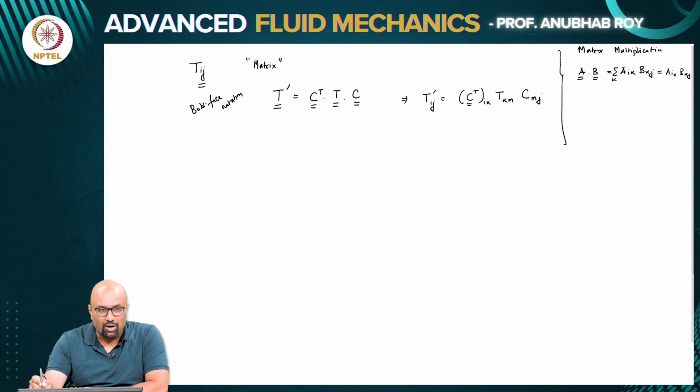So, if there is a product of two matrices, then the ijth element, the ith row, the jth column of the new matrix or the product matrix is A_ik multiplied by B_kj.